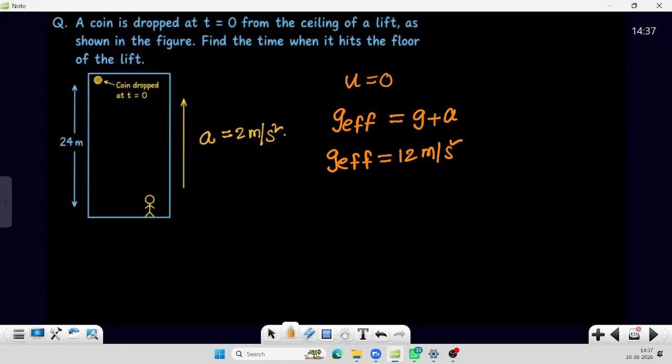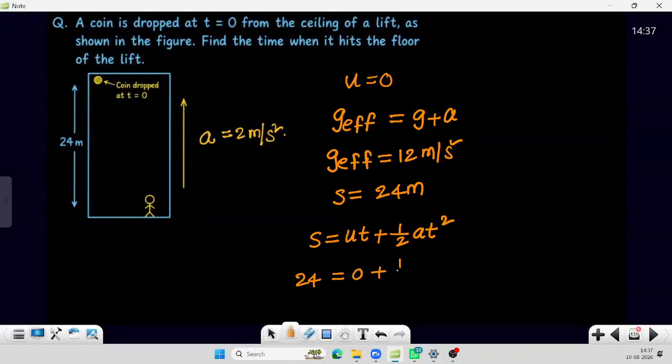Next, the height is given, that is the displacement which we have. How much is this value? 24 meters. So we'll write the equation: s is equal to ut plus half at square. The distance is 24, initial velocity 0, plus half into a value 12 and t, which we have to calculate.